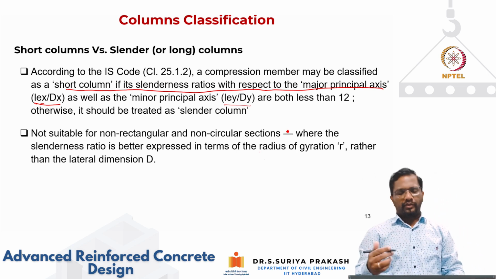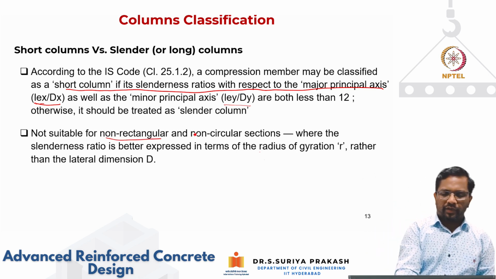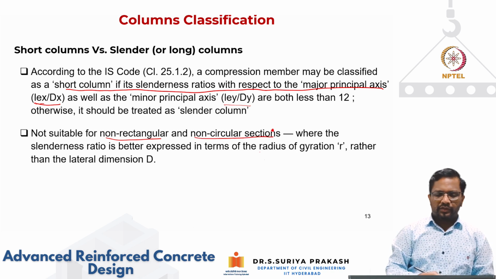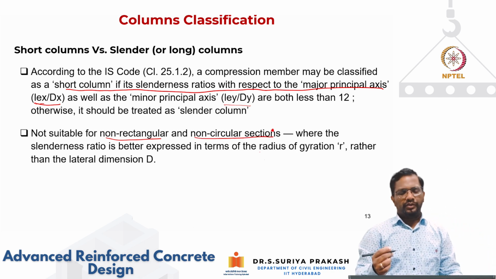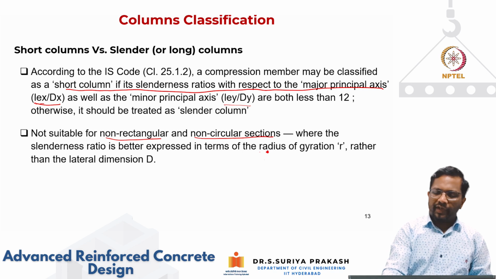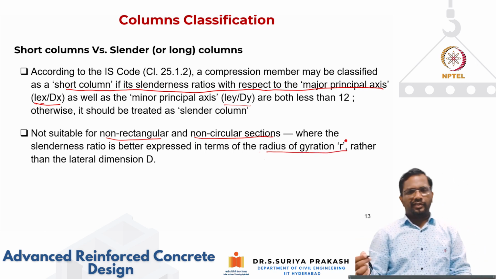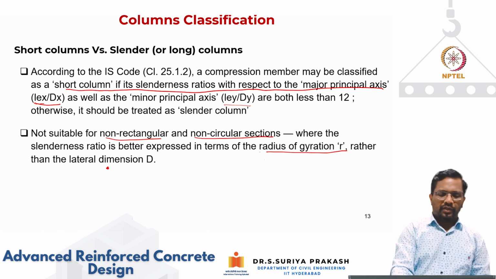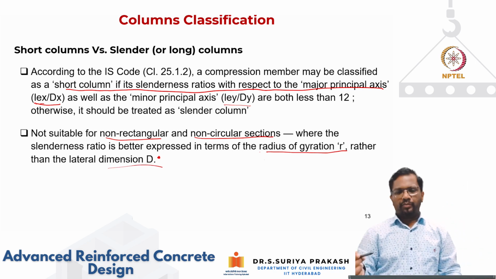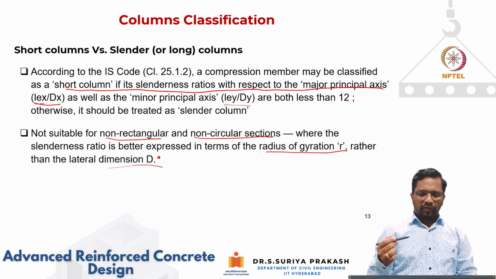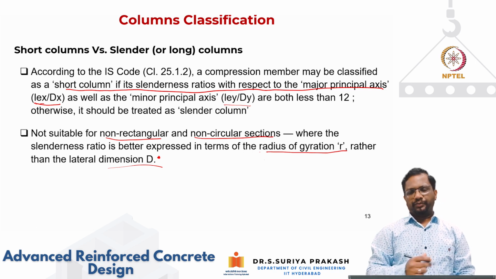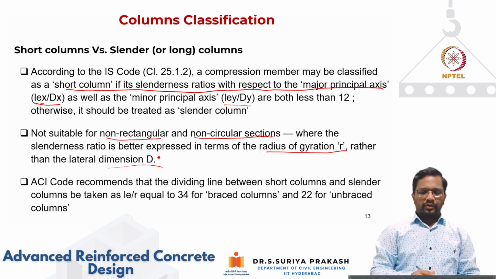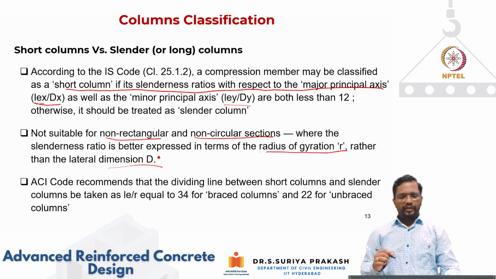But actually, it is not suitable for non-rectangular and non-circular sections, where the slenderness ratio is expressed in terms of the radius of gyration, which is a sectional property, just like the breadth and depth, rather than using the lateral dimension D. This is the more correct definition for slenderness ratio. Right. So that's what the ACI code does.